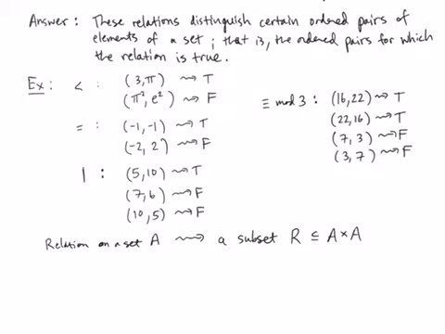So a relation distinguishes a subset of ordered pairs coming from A. Right? And so those would be the ordered pairs for which the relation is true when you substitute that ordered pair in. And essentially what we're going to do is make this our definition of what a relation really is. So a relation on a set is going to be nothing more than a subset of the Cartesian product of the original set with itself.